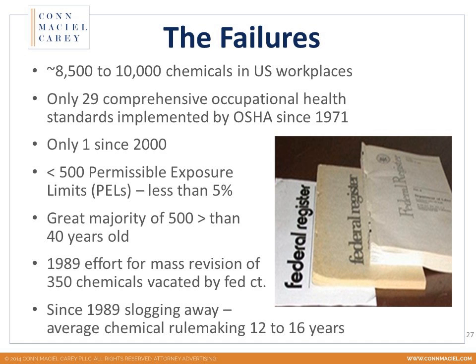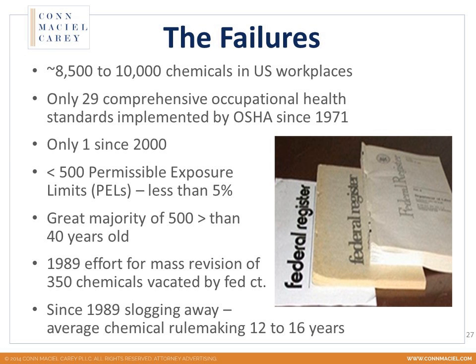In the United States, EPA has, I think, about 85,000 or 87,000 chemicals listed in the TSCA inventory database. ACC, the American Chemistry Council, has estimated that there are somewhere around 8,500 to 10,000 chemicals in workplaces in the U.S. every day that workers are exposed to.